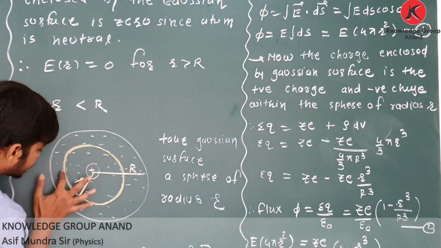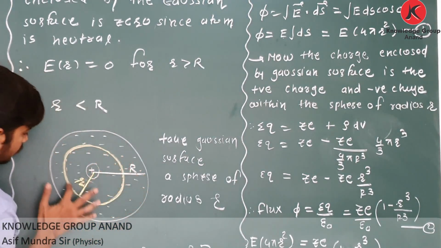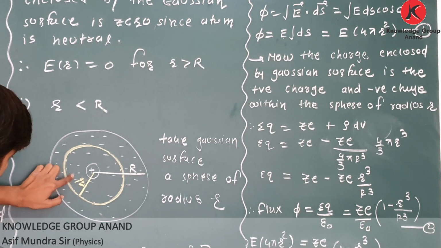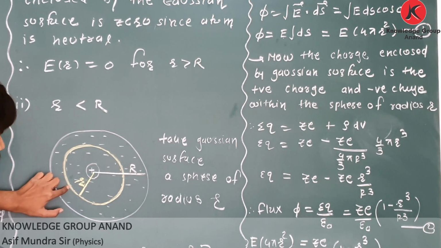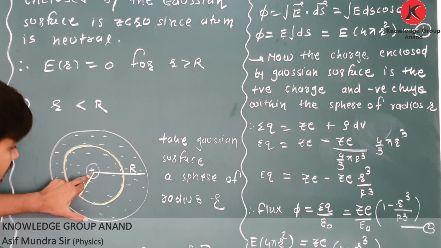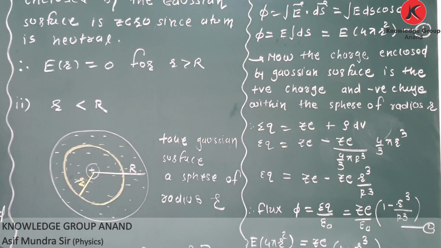This is the Gaussian surface drawn with this yellow chalk. From the figure we can see clearly that this Gaussian surface encloses the total positive charge of the nucleus. But is this Gaussian surface enclosing all the negative charge?